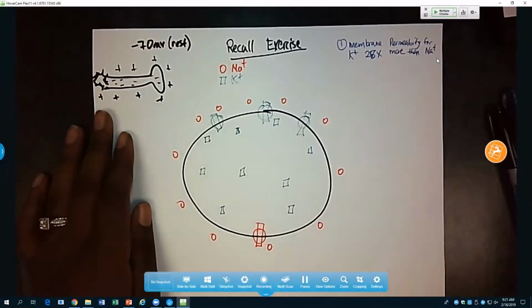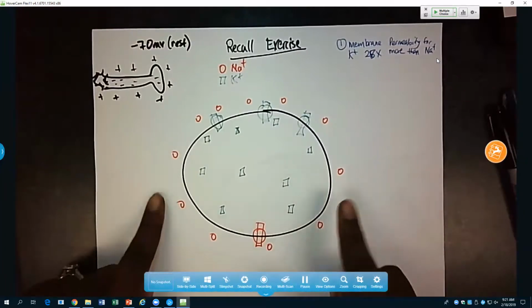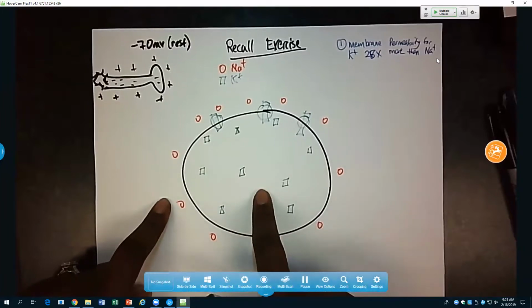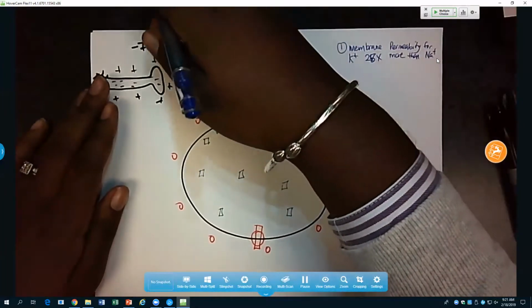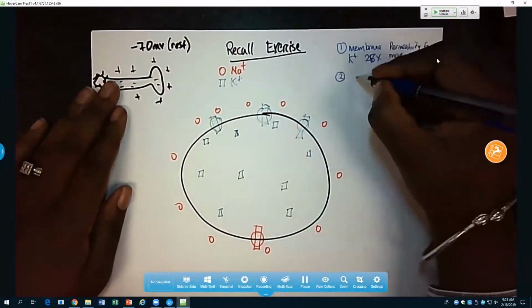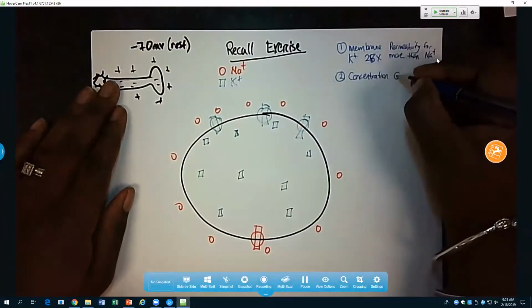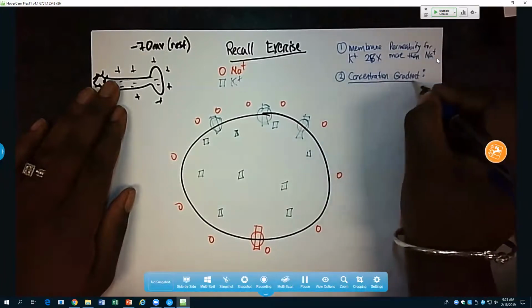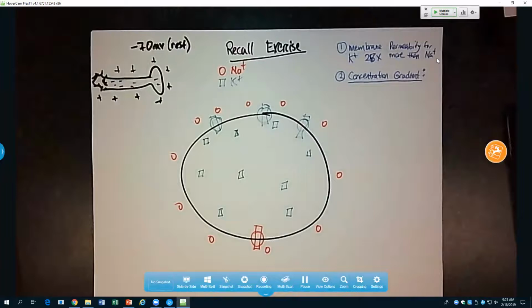Now, the first thing that we have established was the concentration gradient, which we can already see here, right? We have sodium at a higher concentration outside the cell, potassium at a higher concentration inside the cell. So therefore, we have a concentration gradient. Okay, and that concentration gradient is such that potassium wants to move where?